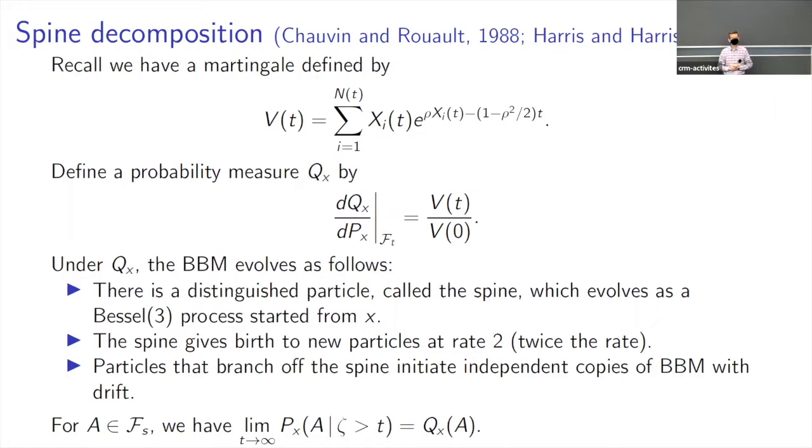And one reason why it's useful to study this spine decomposition is this result here, which says that if A is any event that is determined by the evolution of the branching Brownian motion up to time s, then the probability of the event A, conditioned on survival at time t, converges as t goes to infinity to the probability of A under this new measure Q. And so studying the Yaglom limit, that is the behavior of the branching Brownian motion conditioned on survival for a long time, is in some sense equivalent to studying this spine decomposition under the new measure.